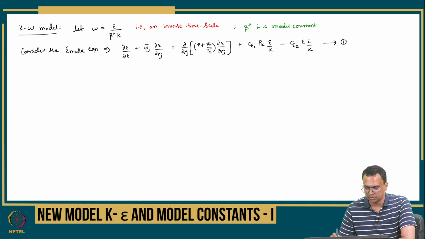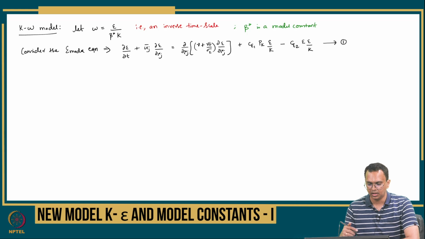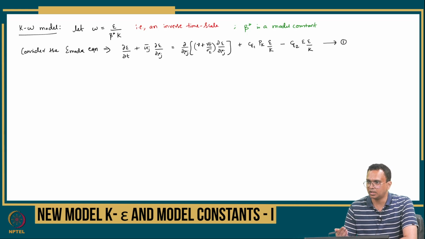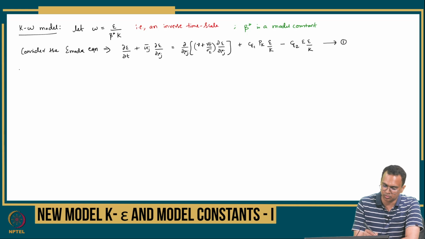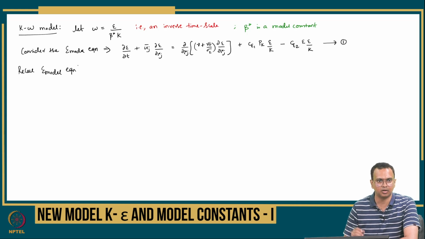So as I said, the omega equation can be derived very differently. I will go ahead in the direction of the way we obtained the epsilon model equation. So you recall the epsilon model equation, we did not derive anything from first principles there. We just made a numerical argument that the epsilon model equation should appear similar to a K model transport equation.